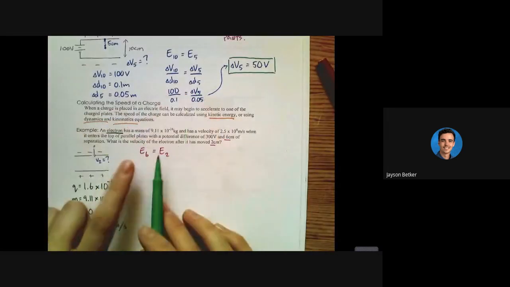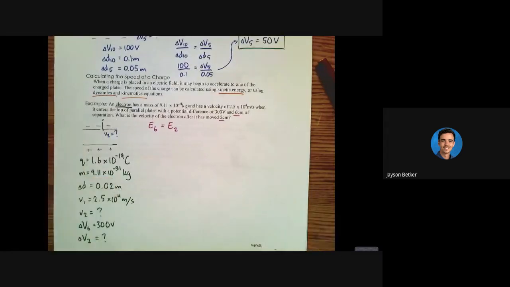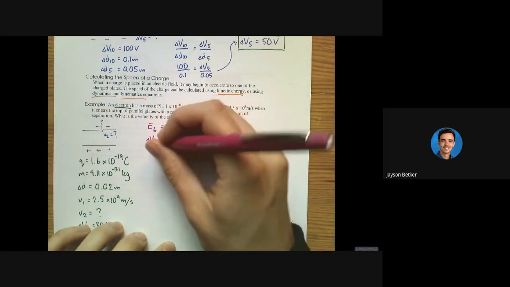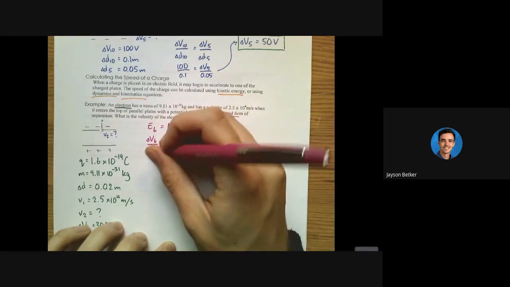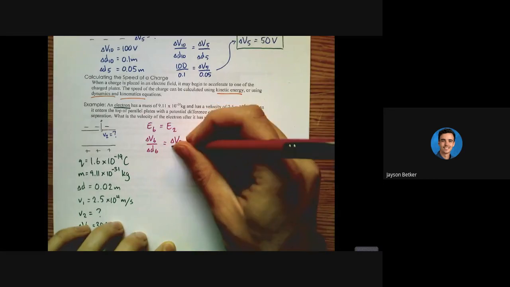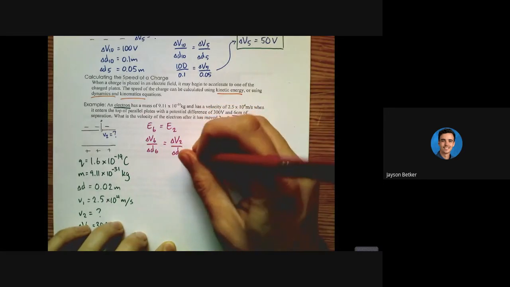So let's do basically the exact same thing that we did in this last question, right here with E6 and E2. So that means that I have delta V6 over delta D6 is equal to delta V2 over delta D2.